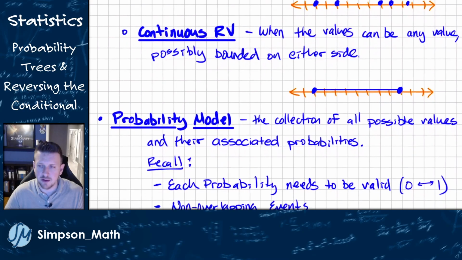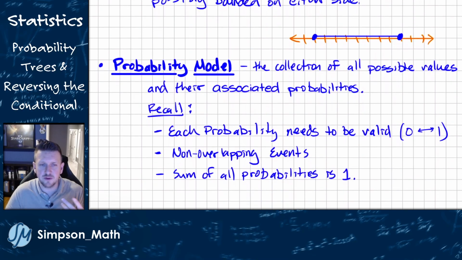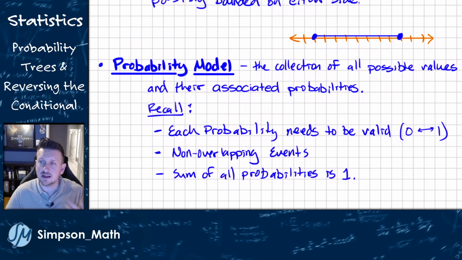All right, so then our probability model. I've previously talked about probability models, so this should feel pretty familiar. It's a collection of all the possible values and their associated probabilities. The main thing here is that, again, our output from these is a number, not just the color red, but that red might need to be associated with some number appropriately.